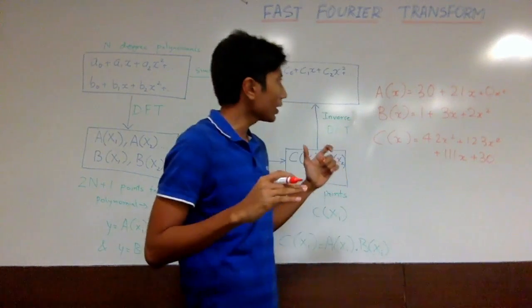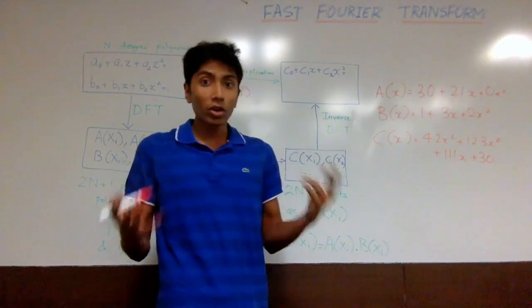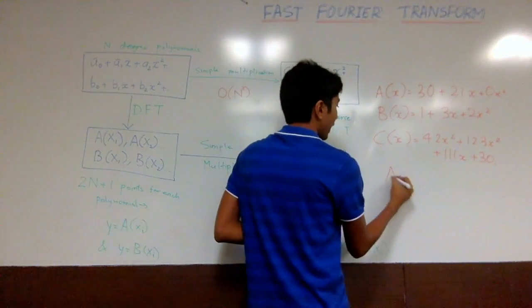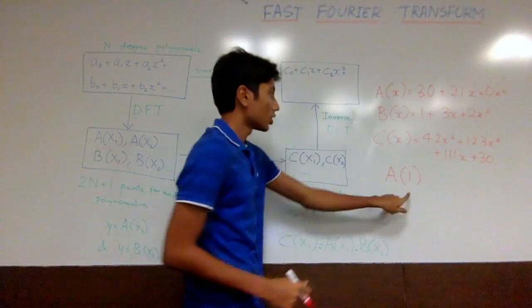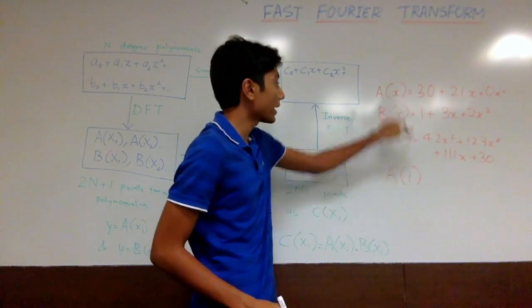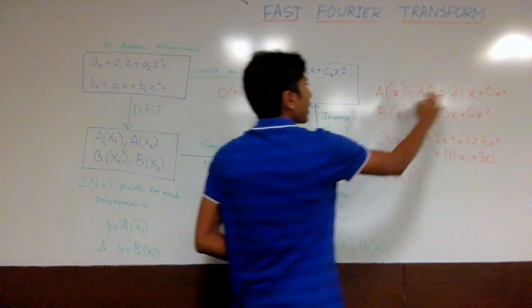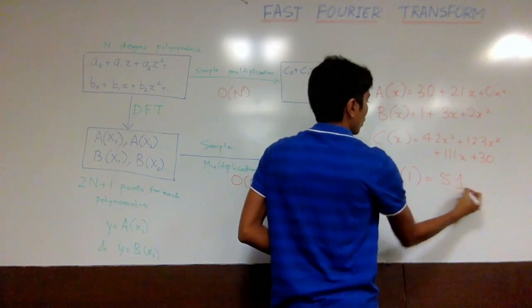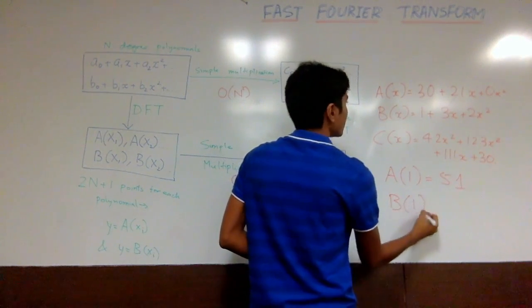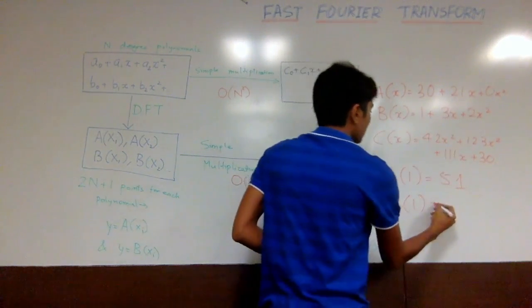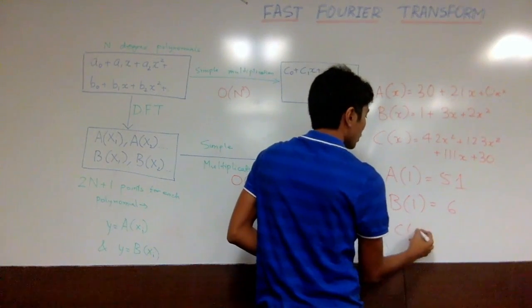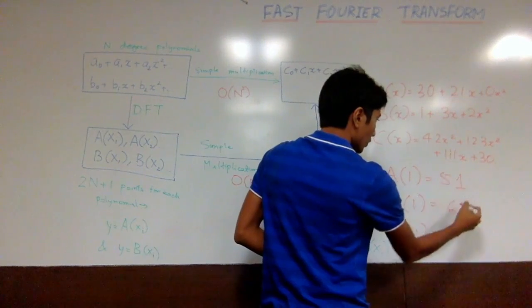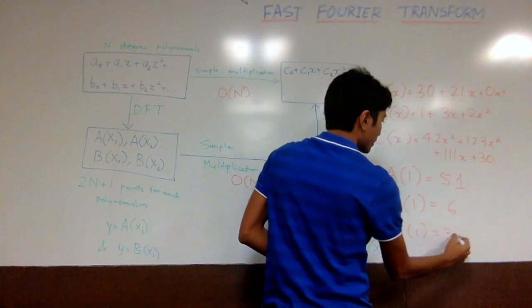Yeah. Let's just confirm this. And how are we going to confirm it? Take a1. So we need to substitute the value of x as 1. What do we get now? We get 51 as a1. We get b1 as 6. Okay. And c1 should be 51 into 6, that is 306.